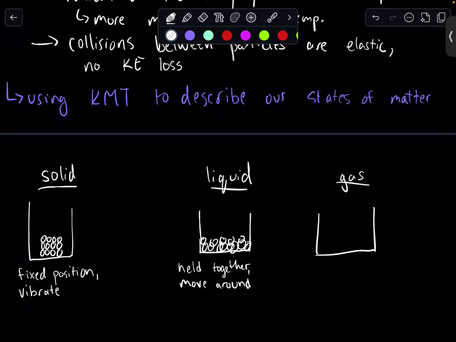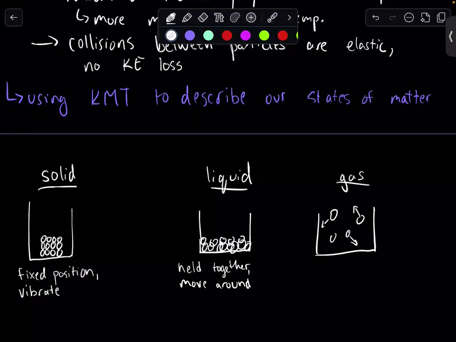Lastly, we have a gas. Now, these particles are spread out and they're constantly moving. I'm going to try and illustrate a concept here. So they're spread apart and they move in straight lines.